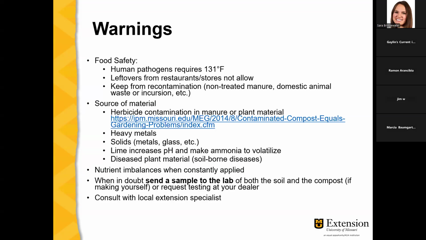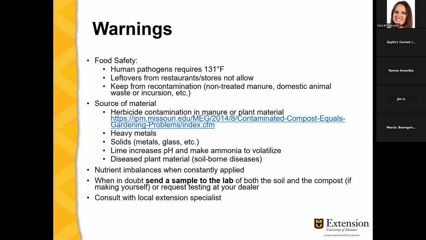And also the food safety rules require keeping the pile that has been properly composted from recontamination. That means you don't want animals to get close to it that could poop or step on it, bringing other non-treated material into the compost. So those are the rules from the food safety point of view that it would be good to follow.